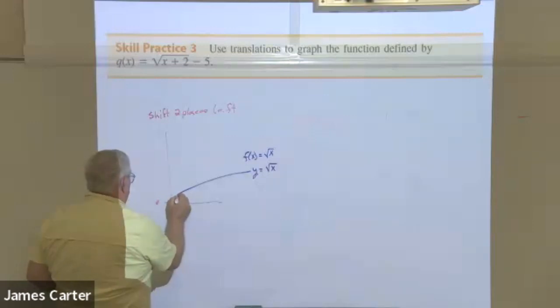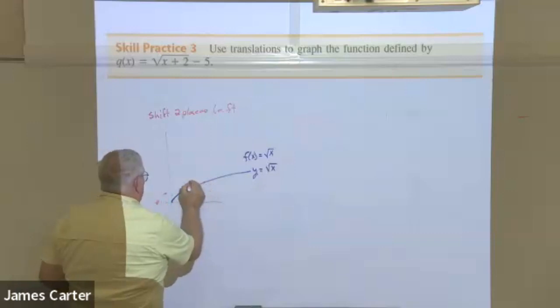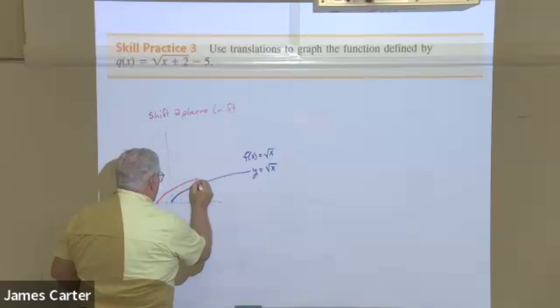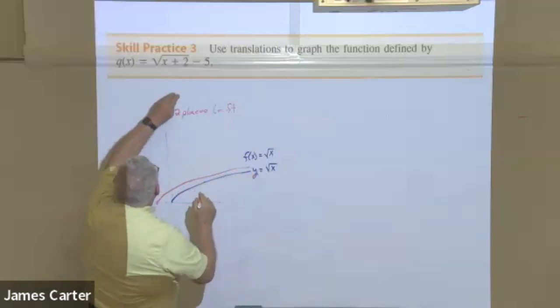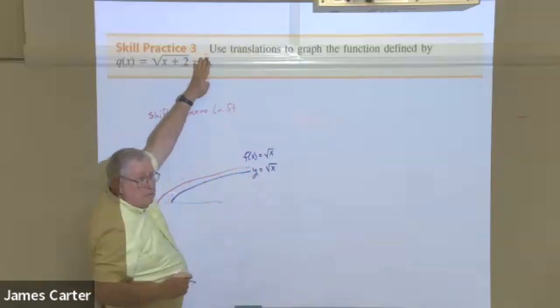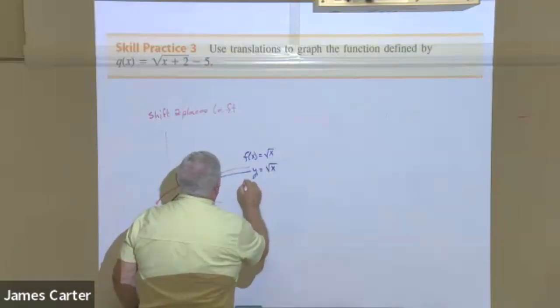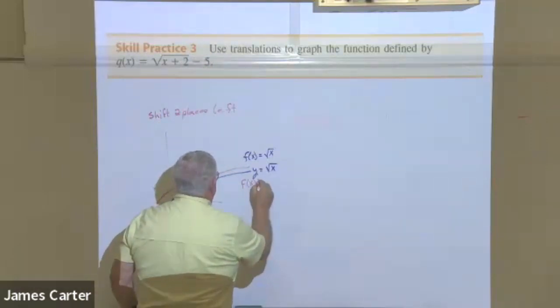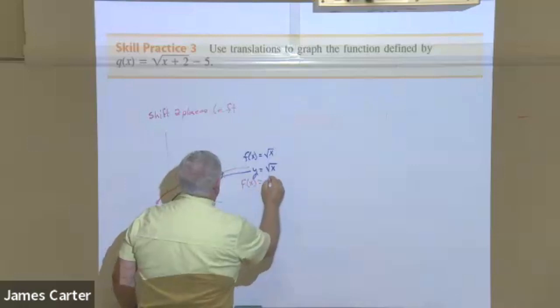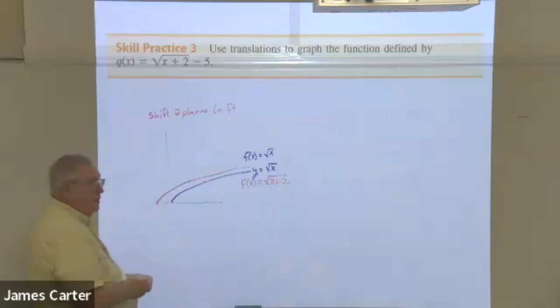This one's going to come here. This one's going to come here. And this thing's going to go up like this, just for that part of it. So this is f of x equals square root of x plus 2, is what the red stands for.